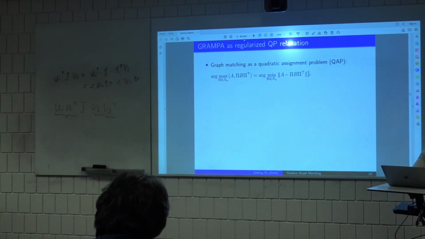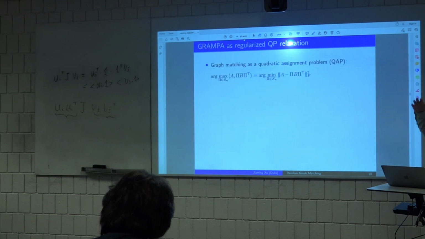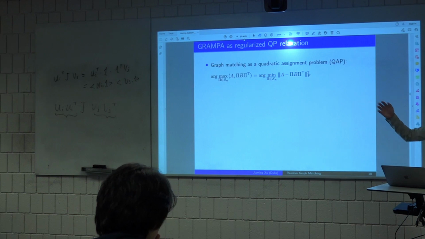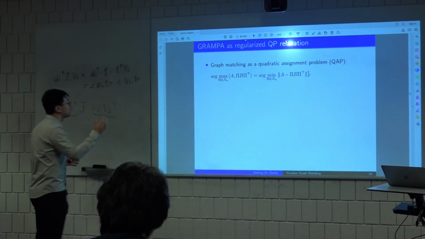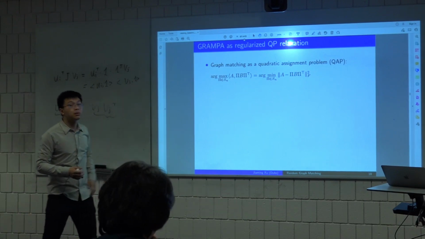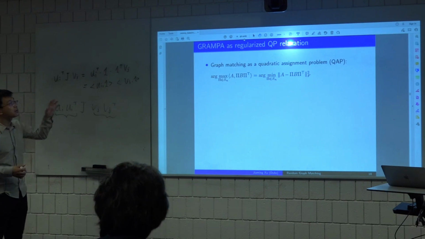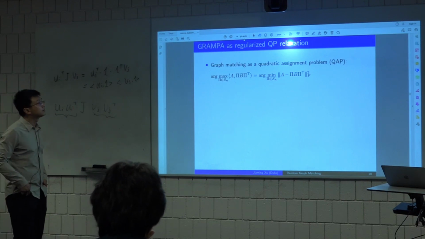Okay. Next, I want to give you another interpretation. To be frank, this is actually not our original way of figuring out this method. It turns out that we actually figured out this method through an optimization view first. So let me explain this different view from an optimization perspective.